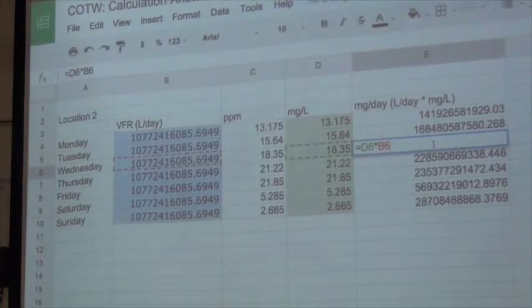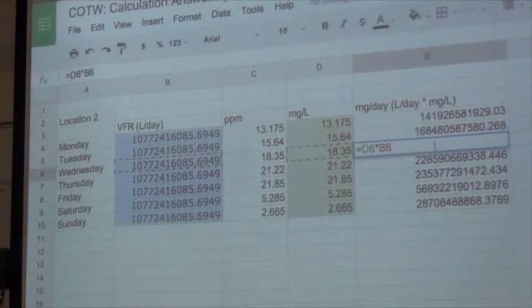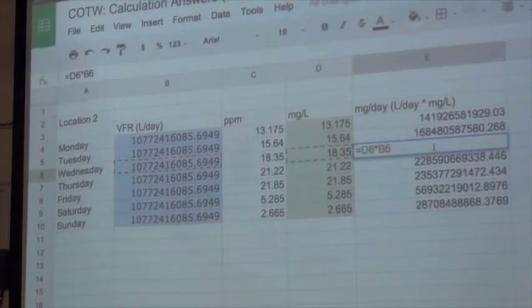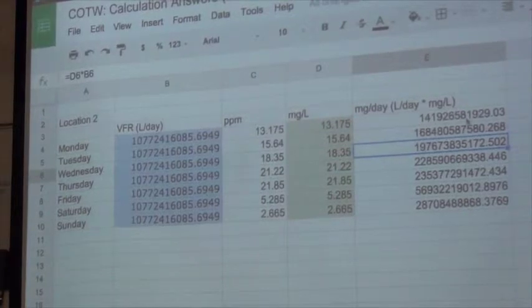More than 1,000, because a milli is 1,000. So there's 1,000 milligrams in a gram, and there's 1,000 grams in a kilogram. So 1,000 times 1,000, which is 1 million. So I need to do what with this number? Not multiply it, divide it by a million.